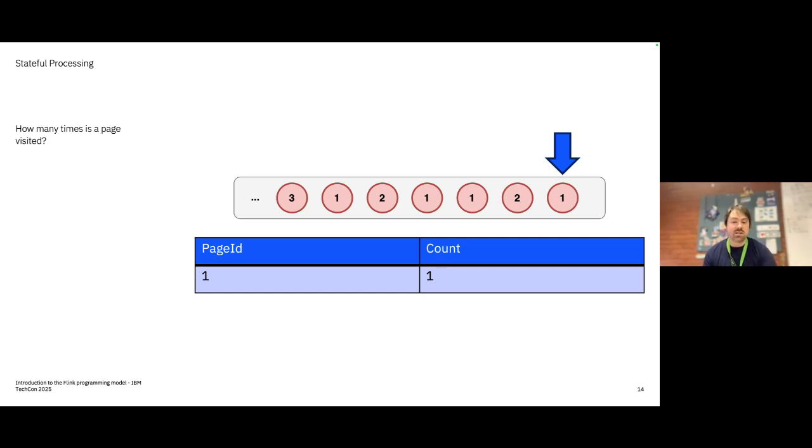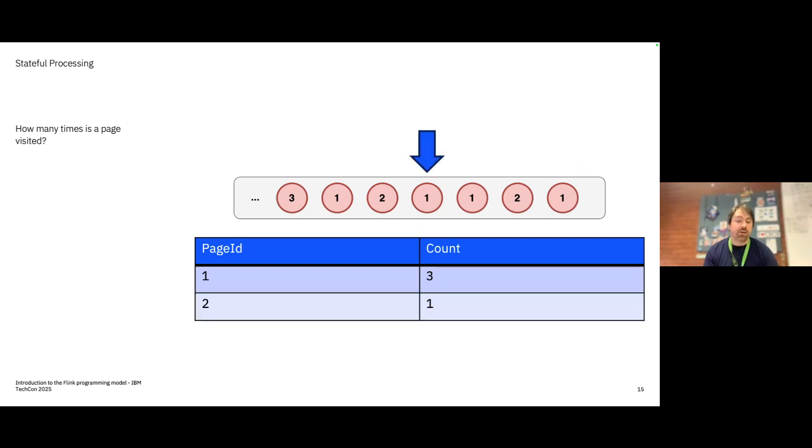So if we started and consumed the first event in the log, we've attached to the event log, and the first event we're given is for page ID 1. We know that as an engine we've only seen one page ID 1, and we know the count is 1.